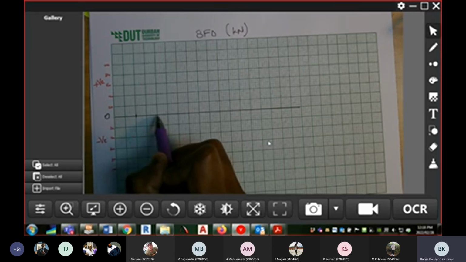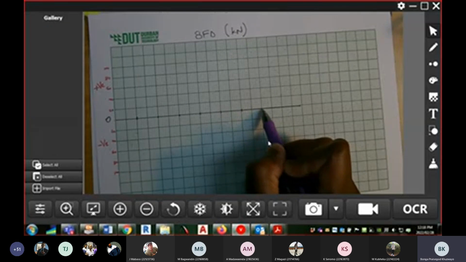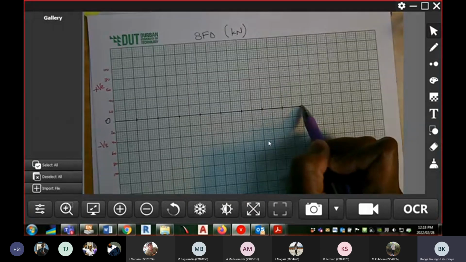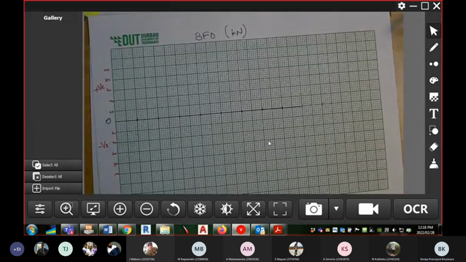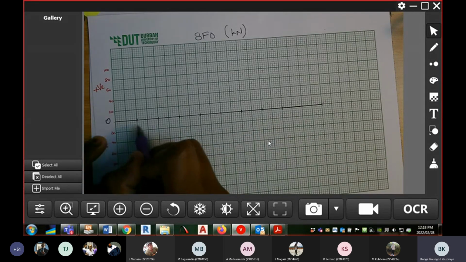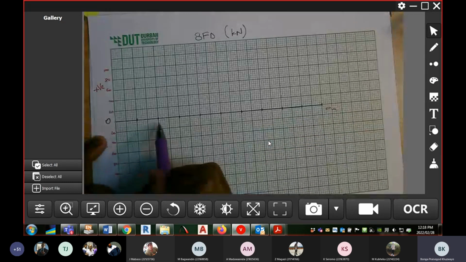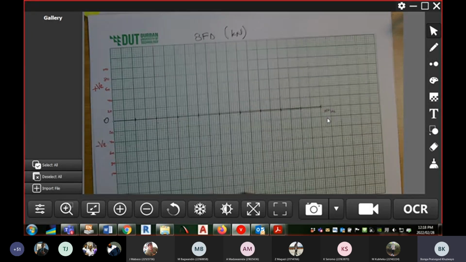So that's 10, 20, 30, 40, 50, 60, 70, 80, 90, 100. Basically what I mean by that is this is in fact 10 meters. That's 1 meter, 2, 3, 4, 5, 6, 7, 8, 9, 10 meters. The beam is 10 meters, not 100. So I think it's going to fit in nicely here.